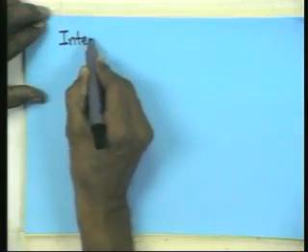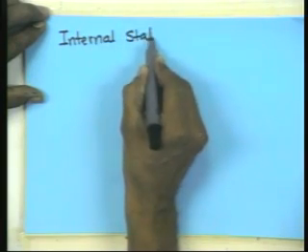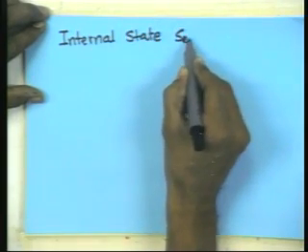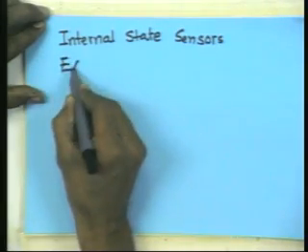So, today I will continue on the issue of robot sensors. Recall that we had covered this topic earlier, and we had looked at internal state sensors and external state sensors.